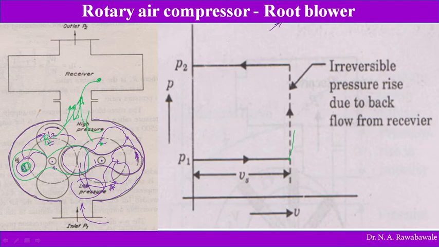Again, these lobes capture fresh air in this region, and this captured air is forced from both sides of the root blower into the receiver.